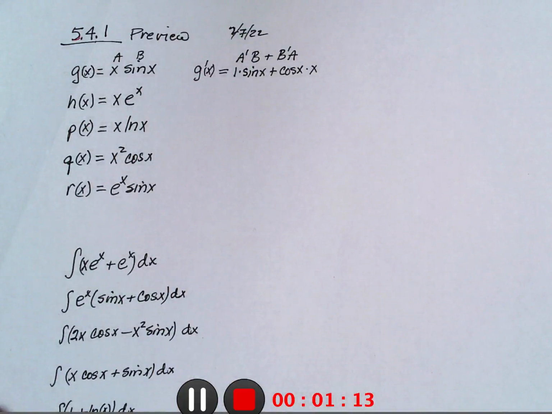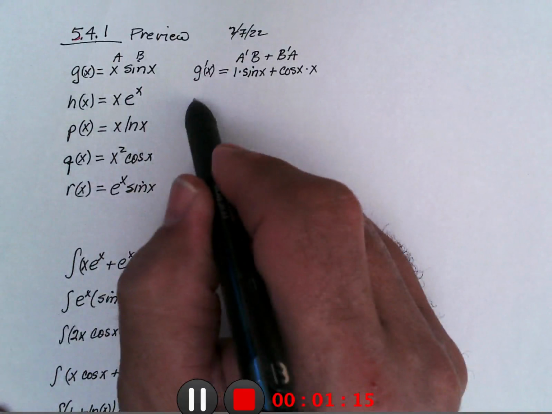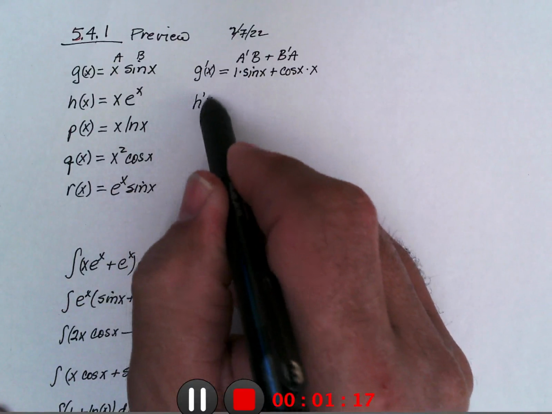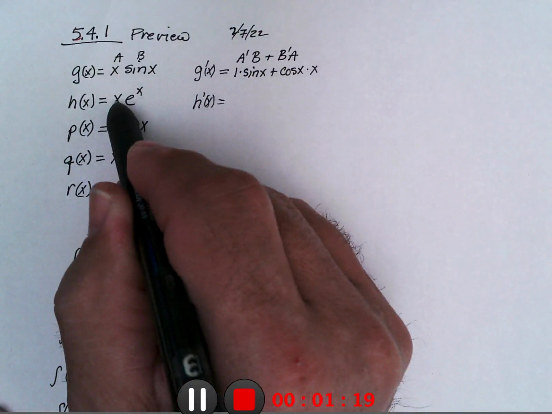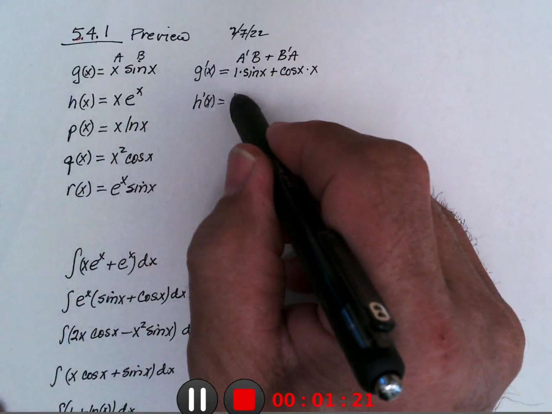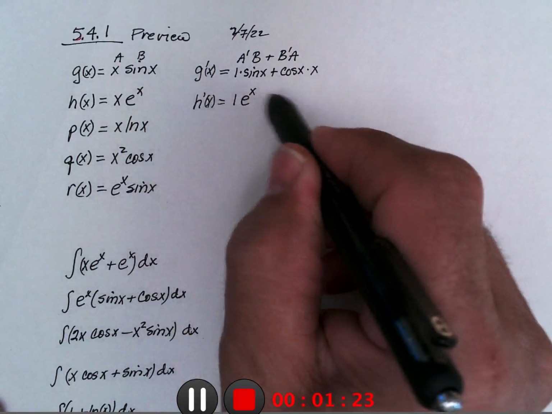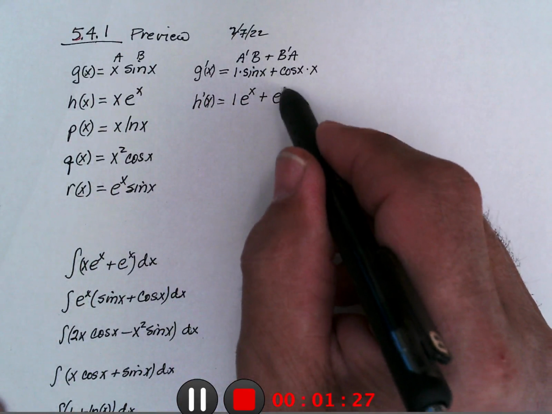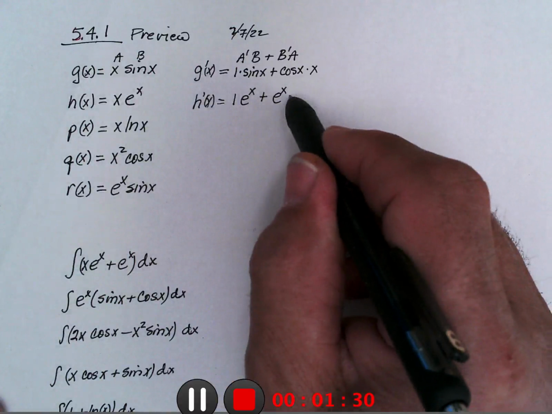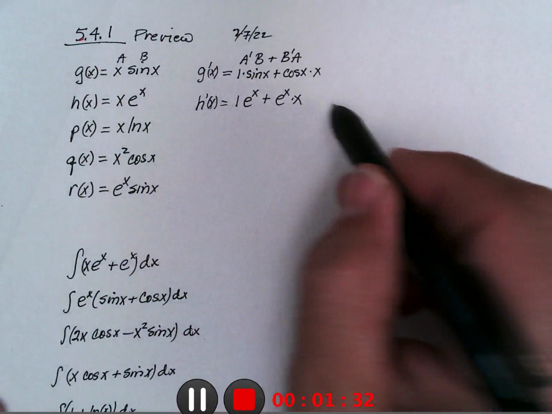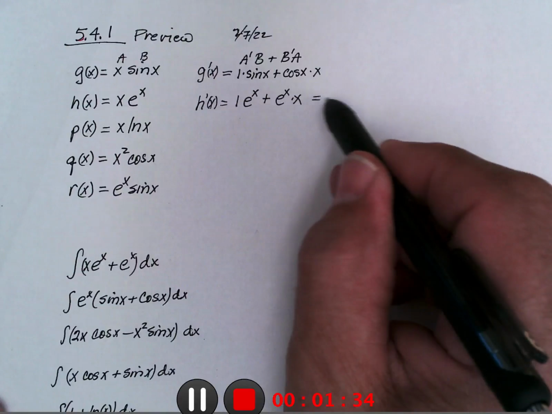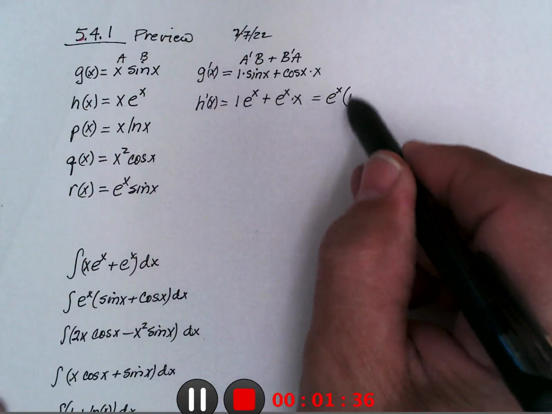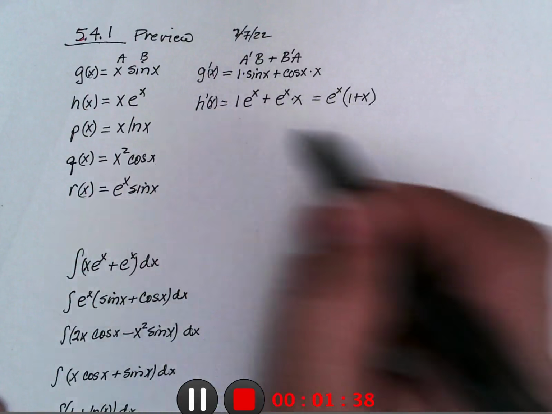If I do this one, h prime of x would be derivative of x is 1 times e to the x plus derivative of e to the x is e to the x times a, which is x. And if I wanted to, I can factor out an e to the x, and I get 1 plus x. But either way is fine.